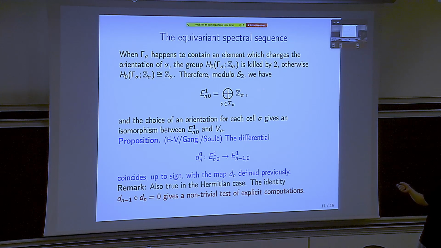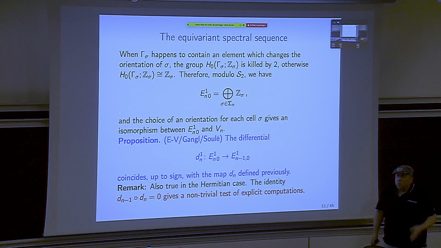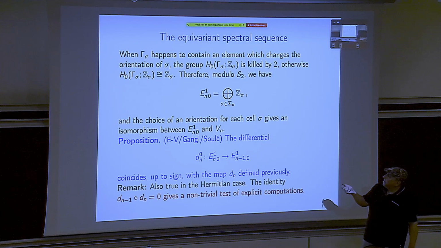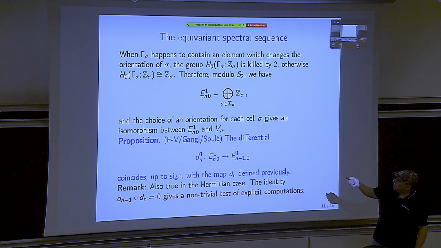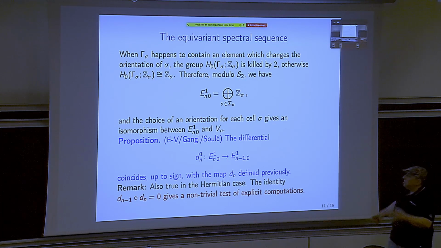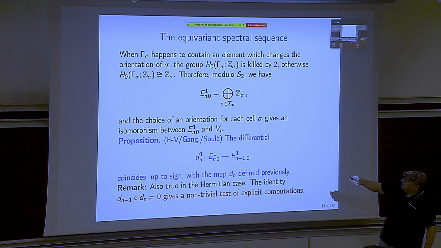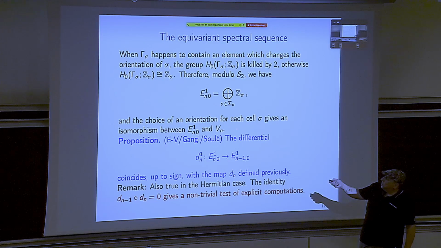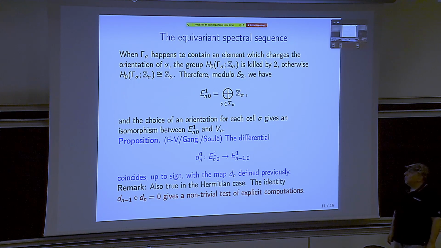So as I said, modulo two torsion, you will have a free abelian group. I mean, you will have Z. If you kill the two torsion, then you have for the zero line, or zero vertical, depending on the spectral sequence, those free abelian groups, and you have the D1 on it, and this corresponds exactly to the Voronoi complex.